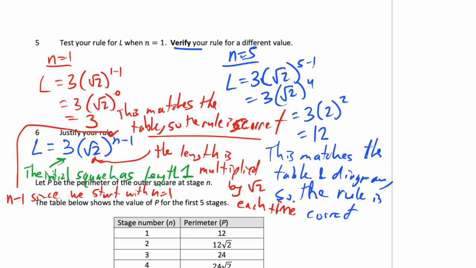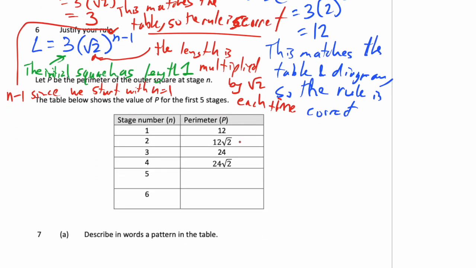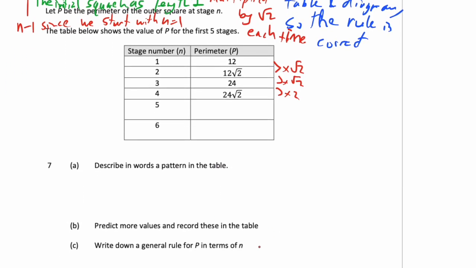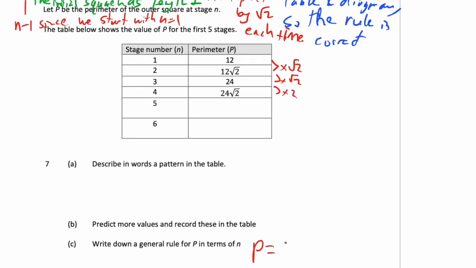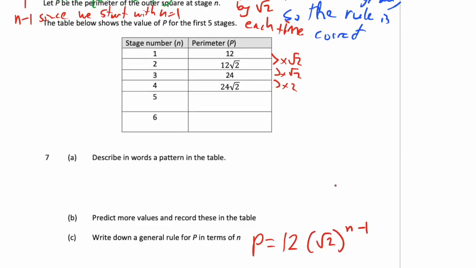Right? Now the perimeter is just 4 times the lengths from above, right? So it's a very similar pattern. It's also times root 2 each time. So this time you would get P equals 12, the initial value, times root 2 to the power of n minus 1.